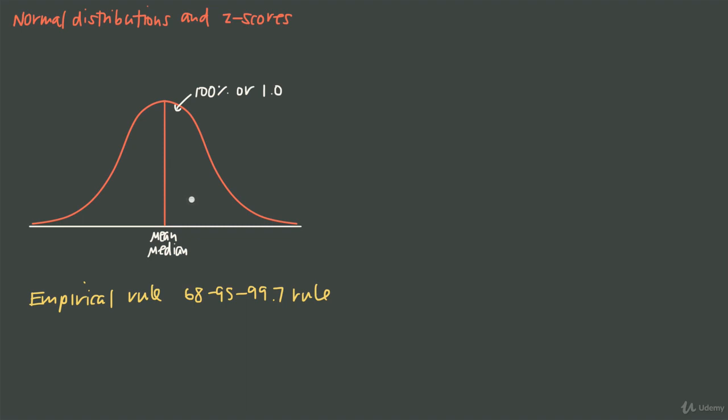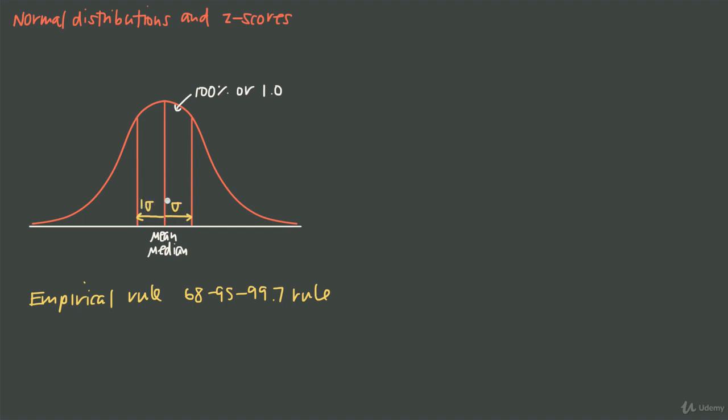In other words, let's go ahead and say, for example, that one standard deviation away from the mean looks like this. So if we head from the mean and we head in this direction, this distance is one standard deviation, sigma. And then in this direction, the exact same amount of distance, we have one standard deviation.